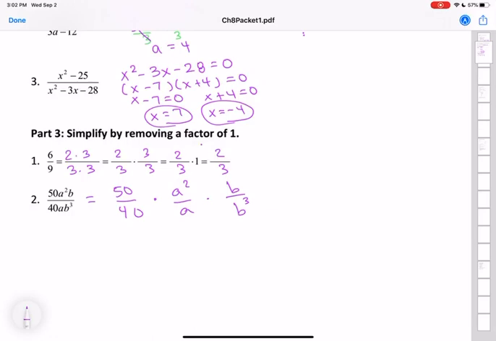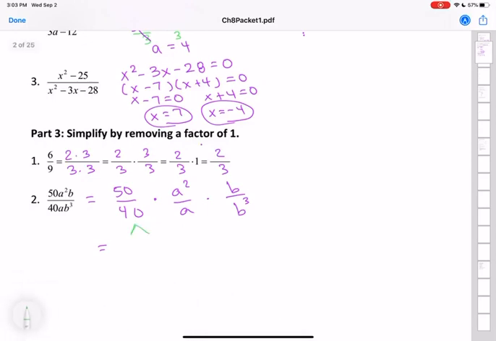What factor is in both 50 and 40, so I could remove that factor of 1? What number over itself would be 1 that would help break this one down?